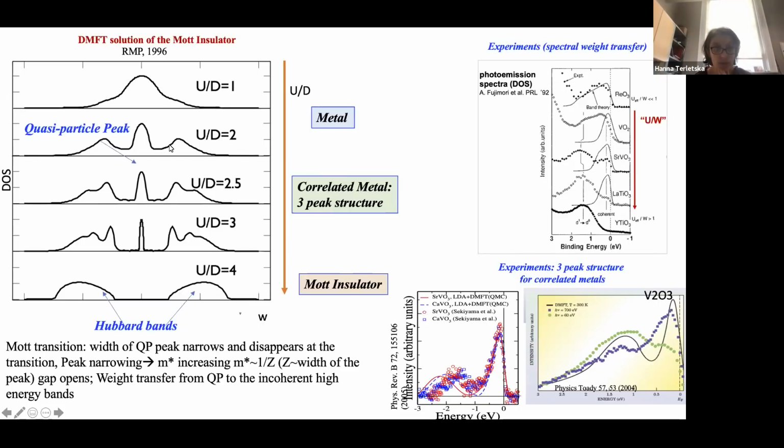Also, we can see that this correlated metal, once U is increased, has this characteristic 3-peak structure. This has been seen in experiments too. This is the data shown in squares. This is again experiment, and this is a half of the spectrum, so with two of them you will have the three peak structure visible.